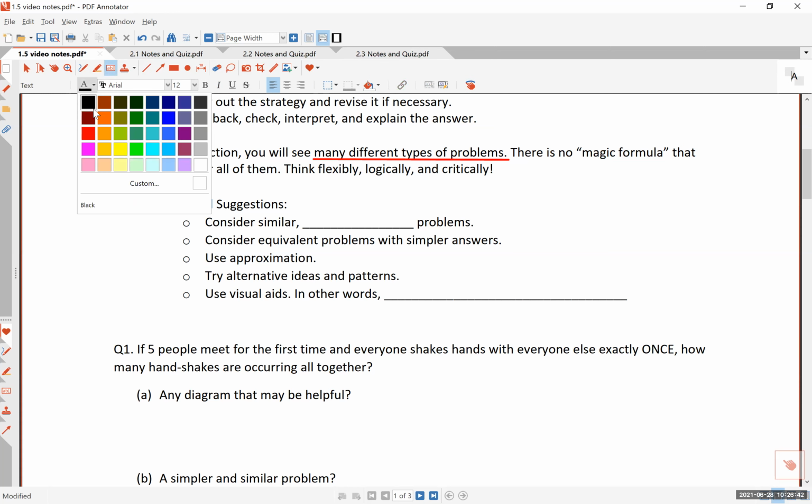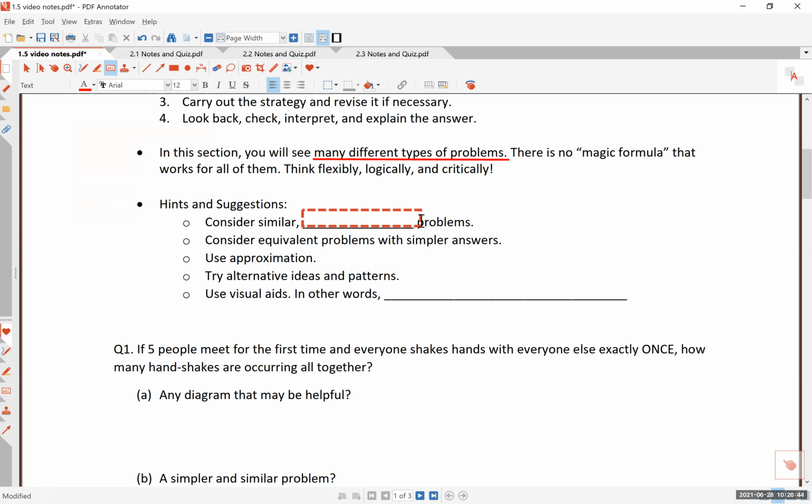All right, so the specific thing I'm telling you, number 1 is this: consider similar and maybe simpler problems. This is a great way to get started when you don't know how to start solving problems. Okay, so start thinking of something simpler, something easier, something maybe a smaller type of problems.